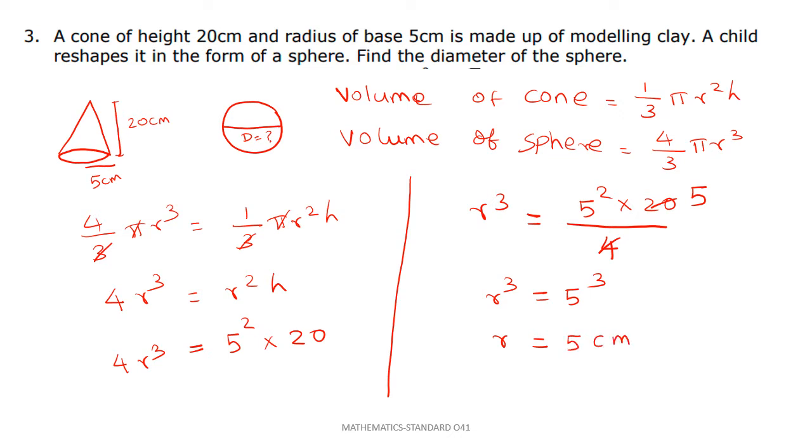And don't stop with this step, children. Most of you will make this mistake and lose the marks unnecessarily in a hurry. They are asking the diameter. So d is nothing but 2 times r. So 2 times 5, the answer is 10 centimeter. So the diameter of the sphere is 10 centimeter.